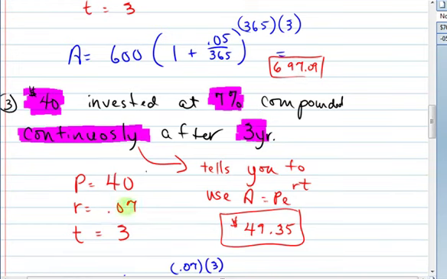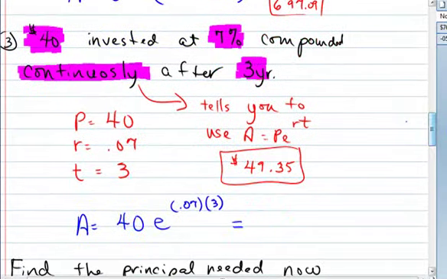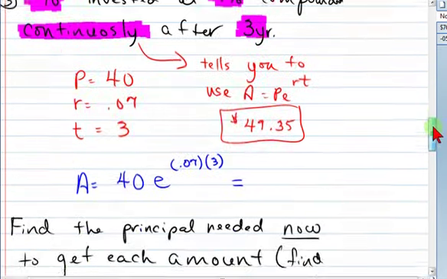P is 40, the rate is 0.07, the time is 3. Continuously tells you to use that other formula. And you're going to plug it in. 40e raised to the 0.07 times 3, and you should get 49.35, I think? Double check that. Okay?